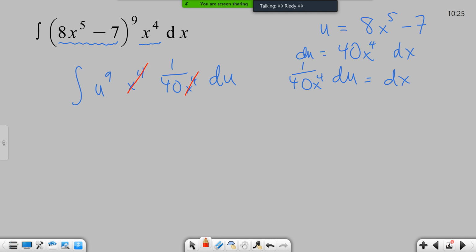So it's a subtle difference, but hopefully you pick up on that. I can take the antiderivative of u to the ninth. The x's cancel, so that's good. So now I'm going to end up doing 1/40th times the integral of u to the ninth du. And we can solve that. Okay? Questions?